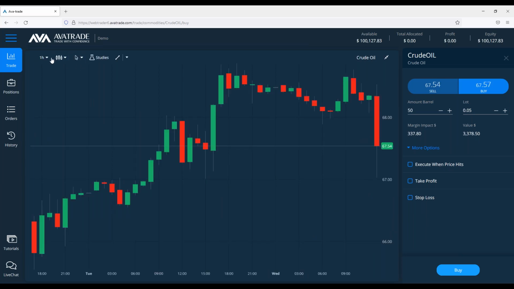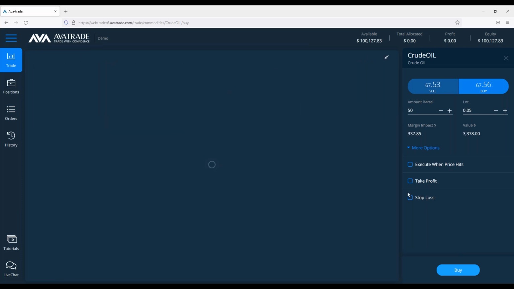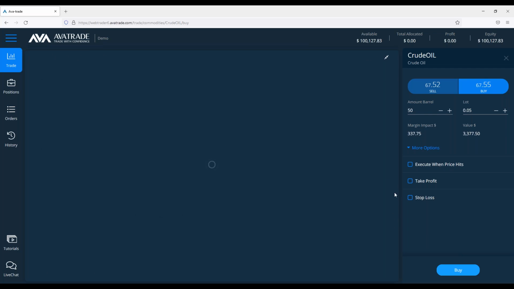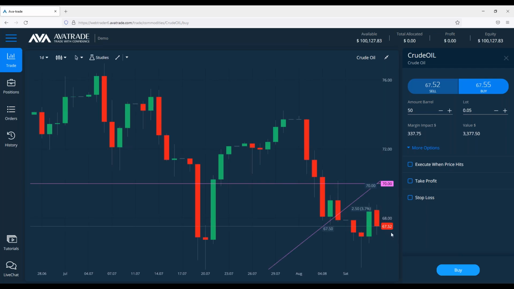Seems like it's going down. Maybe I think it's going up, but I don't trust the trend just yet. Maybe I want to buy it at a cheaper price. 67.5 is too expensive for me. Let's suppose I want to buy it at 67 flat.